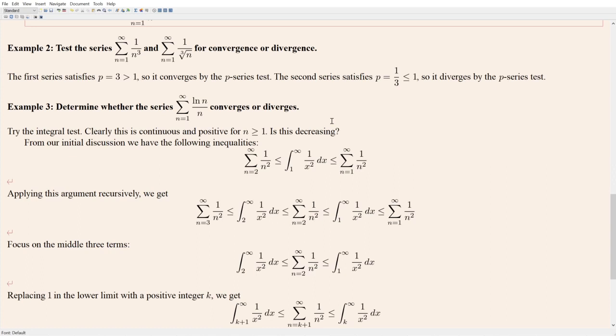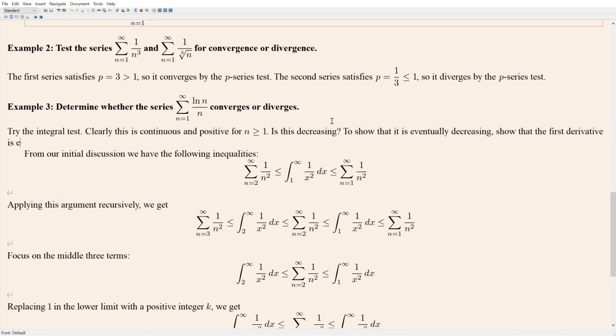Because if the derivative is negative, then that means it's decreasing. And I should say eventually, because it only needs to be eventually decreasing. So to show that it's eventually decreasing, show that the first derivative is eventually negative.